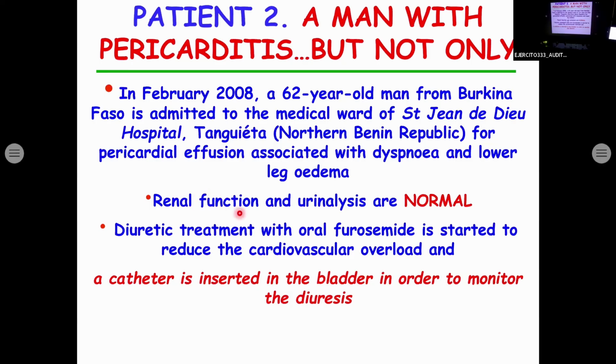Renal function and urinalysis are normal. We started the diuretic treatment with oral furosemide to reduce the cardiovascular overload. And in order to monitor the diuresis over the 24 hours, we inserted a bladder catheter.